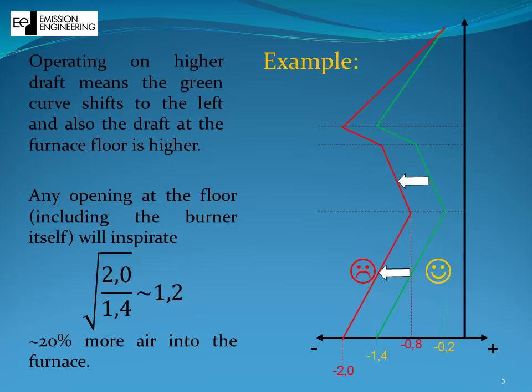So the draft at the bottom, instead of -1.4 millibar, will be -2 millibar, and this will result in a higher ingress of air into the heater. That can be calculated because it is the square root of 2 divided by 1.4. So you can see that approximately 20% more air is ingressed into the heater on a higher draft.